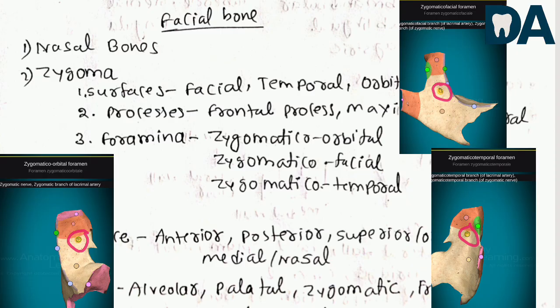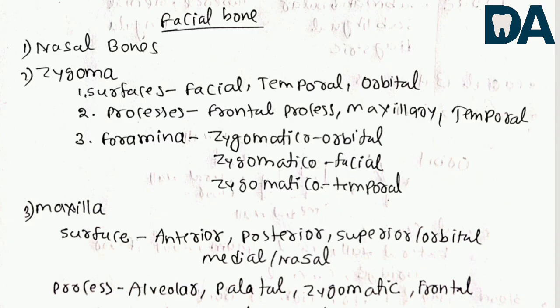Zygomatico-temporal foramen: present on the temporal surface of the zygoma to allow the exit of the zygomatico-temporal nerve and artery. Articulation: the zygomatic bone articulates with a number of other facial bones including maxilla, frontal, temporal, and greater wing of sphenoid.